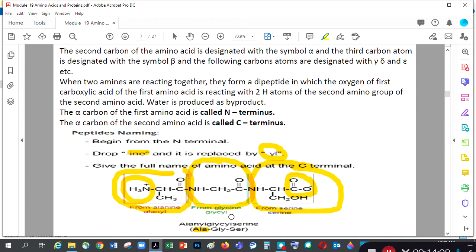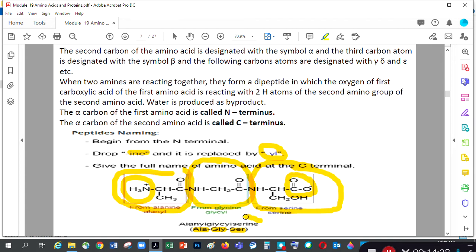This is glycine, take the INE out, glycyl. So this one here will be alanyl glycyl, and then the last one gives the name of the whole protein, serine.